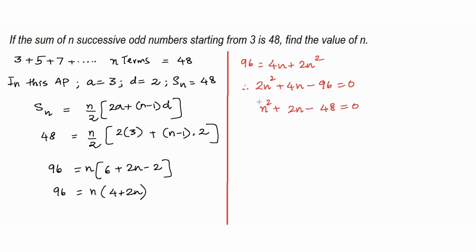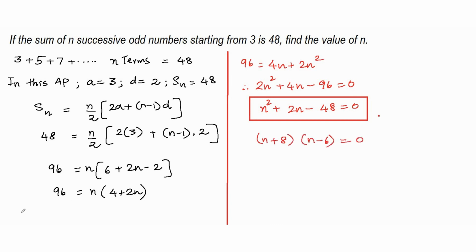This is the quadratic equation that I am supposed to solve now. Product is minus 48 and sum is plus 2. So I get n plus 8 multiplied by n minus 6 is equal to 0. And hence the value of n is either negative 8 or positive 6. Now again, there cannot be a negative number of terms. Therefore, the value of n is equal to positive 6.